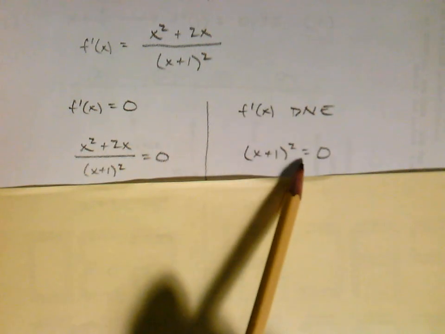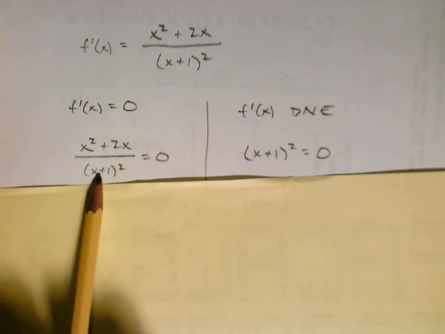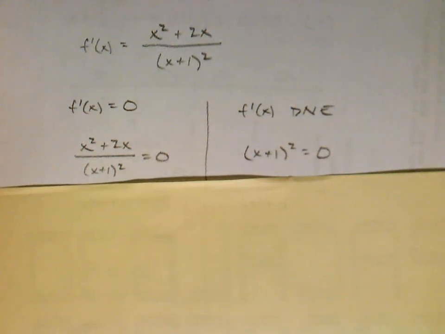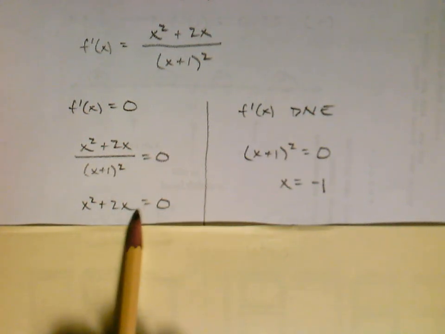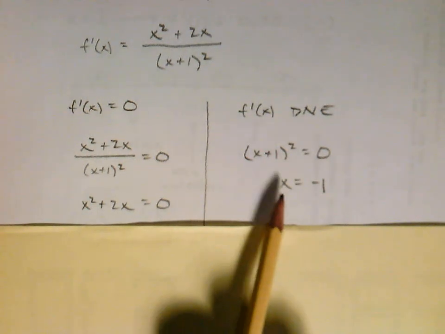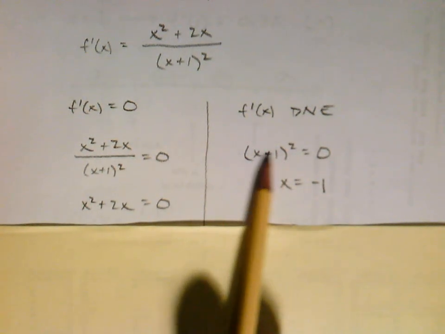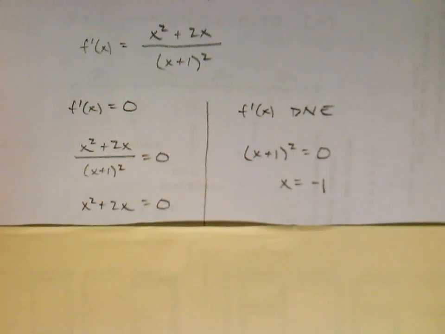Okay, so I can solve this one pretty quick actually. This one will also be pretty quick if I multiply both sides by that denominator. Okay, and I'll end up with just x squared plus 2x equals 0. Now this one had such little work. Well, when will x plus 1 equal 0, right? X equals negative 1.